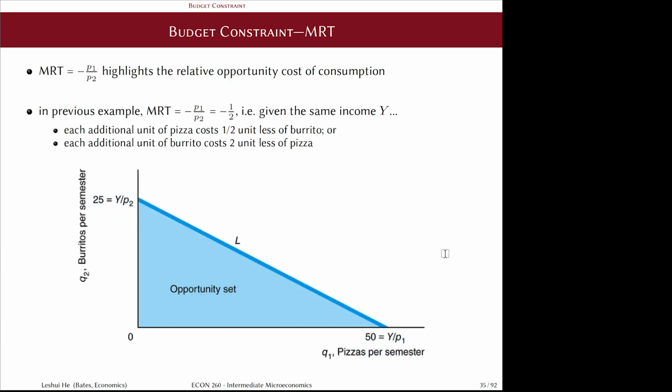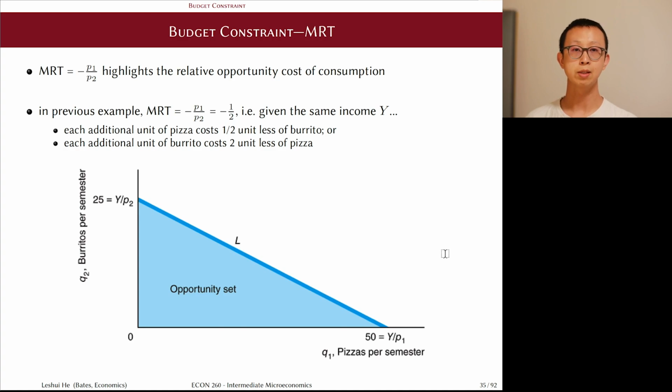We have interpreted the negative sign in the slope of the budget constraint, which we call MRT. Now let's use the pizza and burrito example to think about the intuition behind the price ratio. Let's say that we plan to spend the entire $50 of budget on burritos. And now let's say that from this point, we want to change our consumption plan.